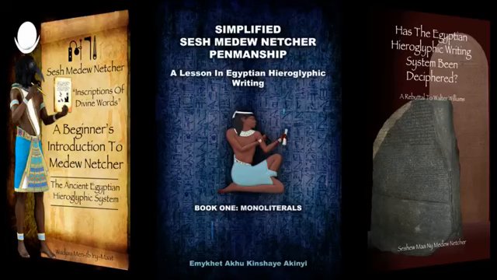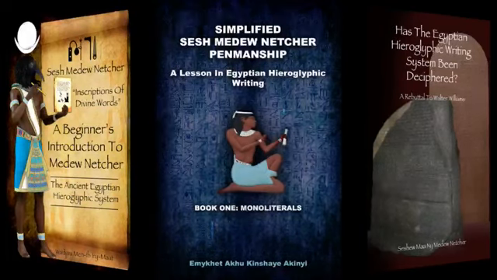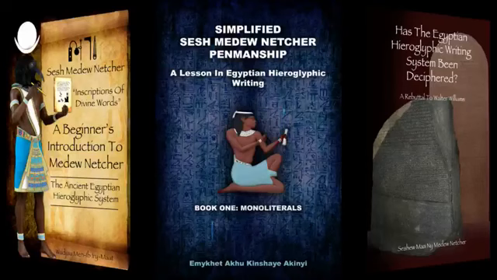The first section of the book goes over just basic stuff about hieroglyphs and the writing system. And then the second section of the book breaks down the art of writing and the art of drawing, because we know that Sesh Medew Netcher are actually pictograms. So when you enter into scribing, you're definitely going to enter into the world of what we know as drawing.